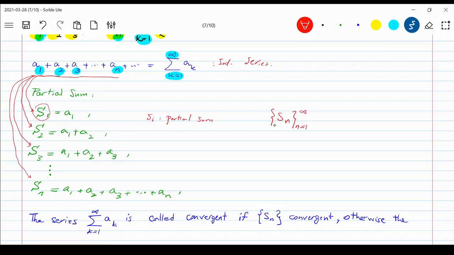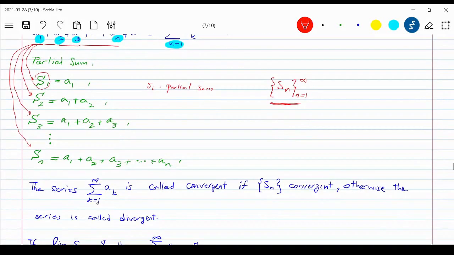This basically is a new sequence, which is the sequence of those summations. If the sequence of partial sums is convergent, then the summation exists and the series is convergent. So basically, we can say an infinite series is convergent if these partial sums converge. Otherwise, if the partial sums are not convergent, that means the series would be divergent.